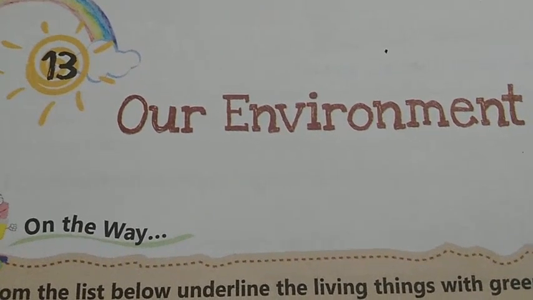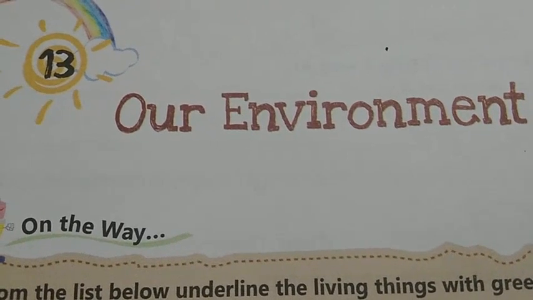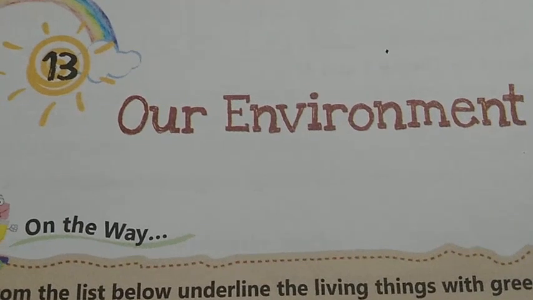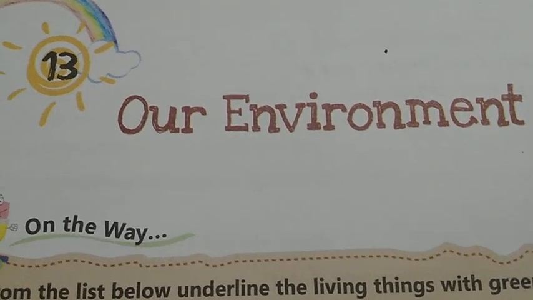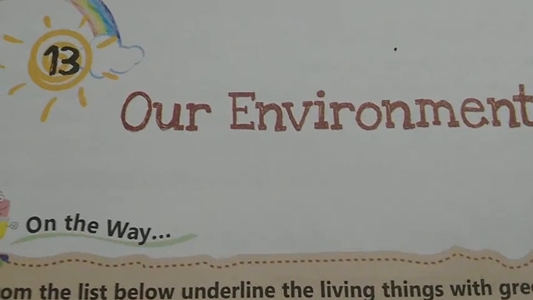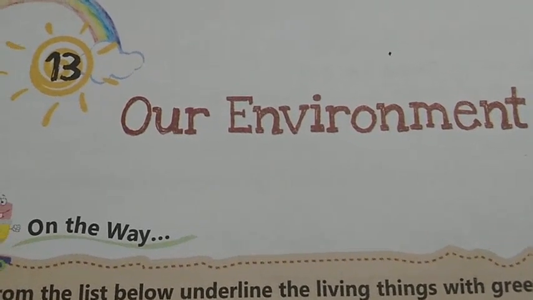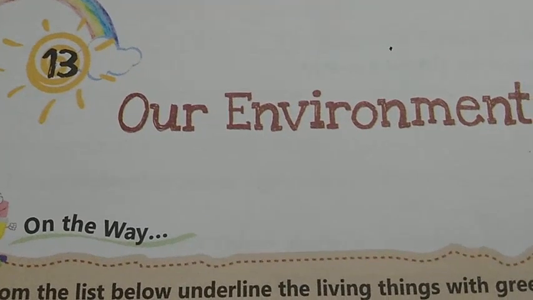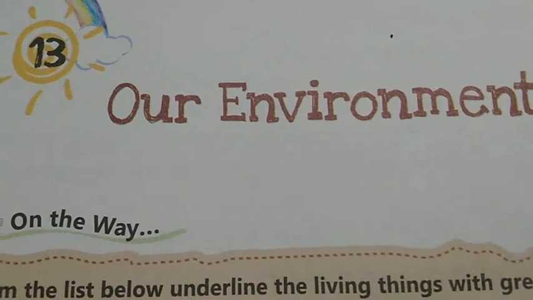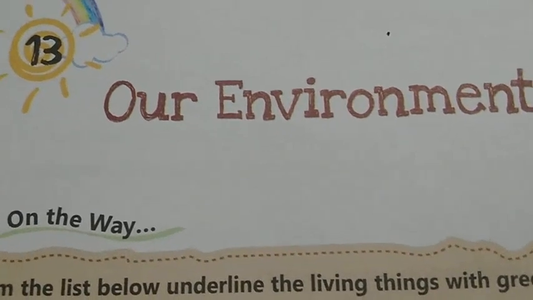Actually, in abiotic components, there is land, that is lithosphere. The land is the solid outermost layer of the earth, also called the lithosphere. And water is the hydrosphere, which includes all forms of water found on the earth. And air is the atmosphere.